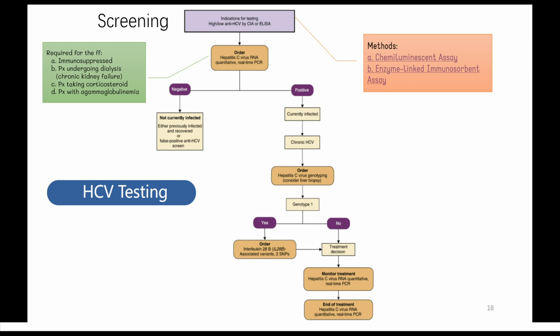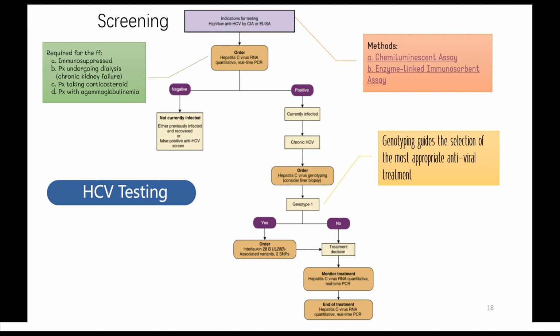Diba, remember, I have mentioned kanina that genotyping will determine the treatment decision making of the physician because the workup for treatment will depend on the genotype of the hepatitis C infecting the patient, kasi iba ang treatment for the different genotypes. Okay? Particularly kapag ka genotype 1, kasi genotype 1 is so special.